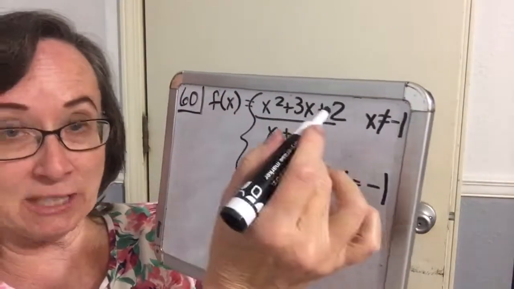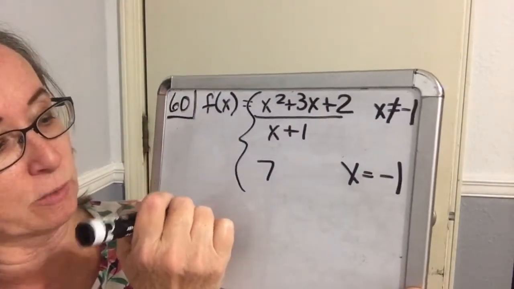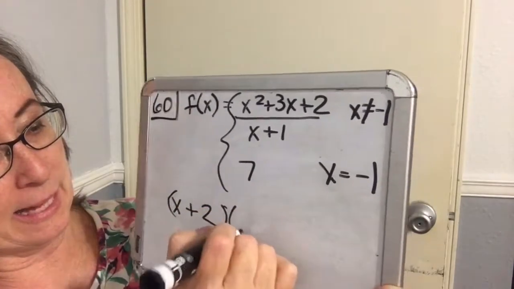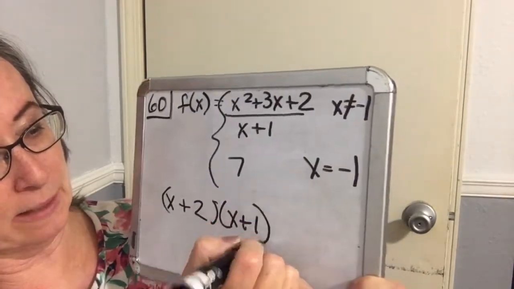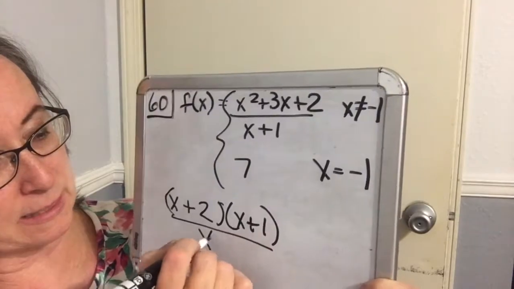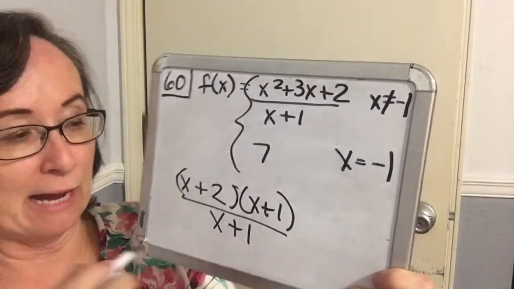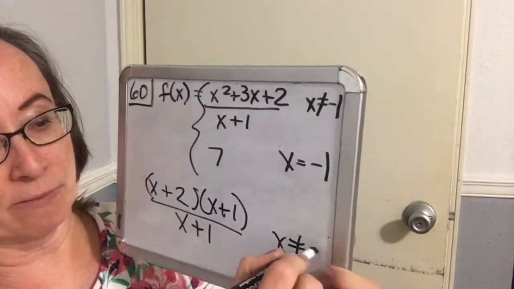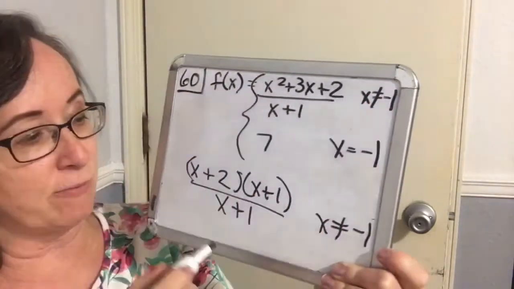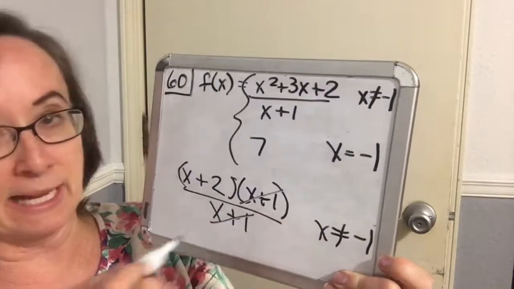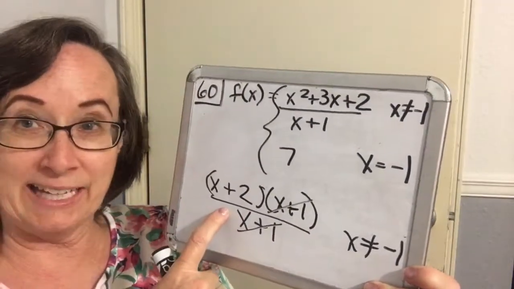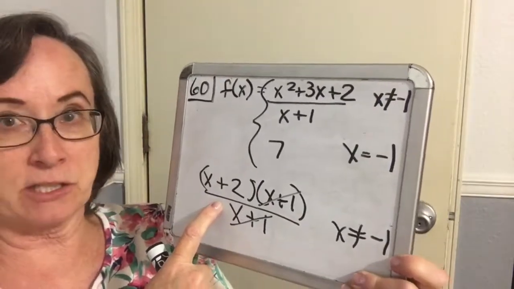But if we factor this numerator, we get (x plus 2)(x plus 1) over (x plus 1). Now, if we make the provision that x cannot be negative 1, which is the provision they gave you, then we are free to cancel the x plus 1 and the x plus 1, and we're left with a linear function, x plus 2.